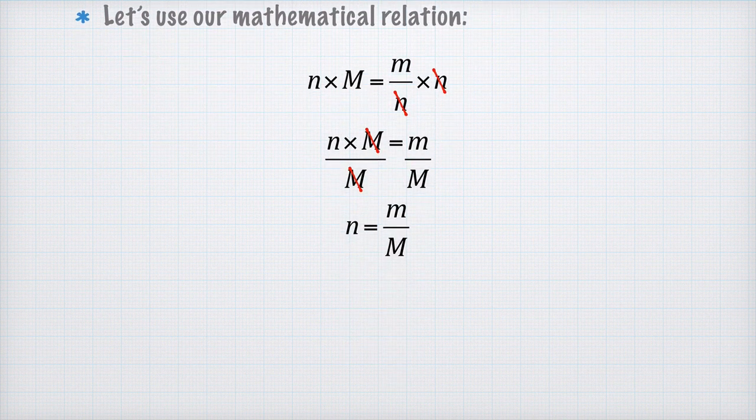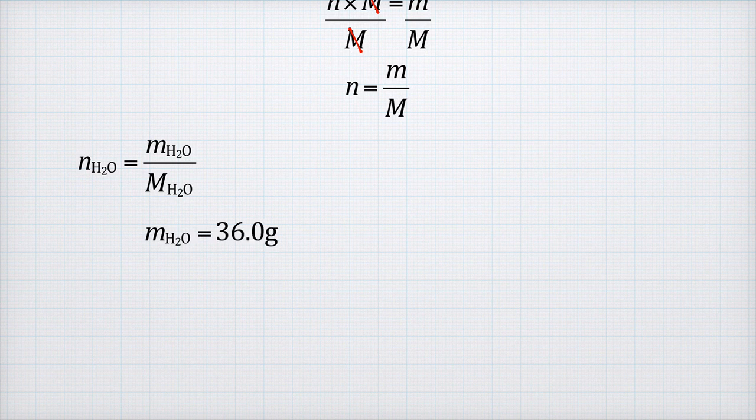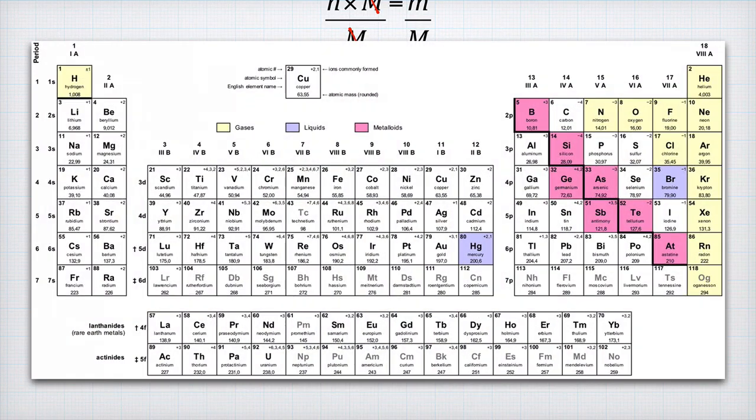Now, what was it that we were supposed to calculate? That's right, it was the amount of substance of water, n(H2O). The mass of the water, we know that from the question, it is 36.0 grams. But what is the molar mass of water? Well, we can calculate that with the help of the atomic masses in the periodic table.